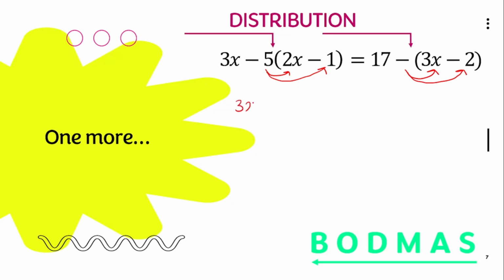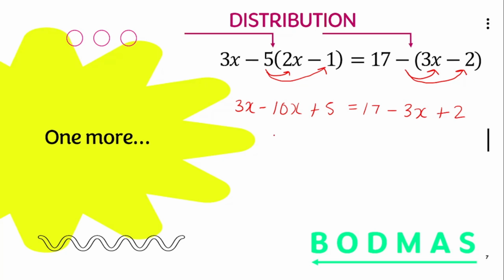So we're going to get a 3x minus a 5. That's supposed to be a 10x. Let's go. Minus a 10x plus a 5 is going to be 17 minus 3x plus 2.